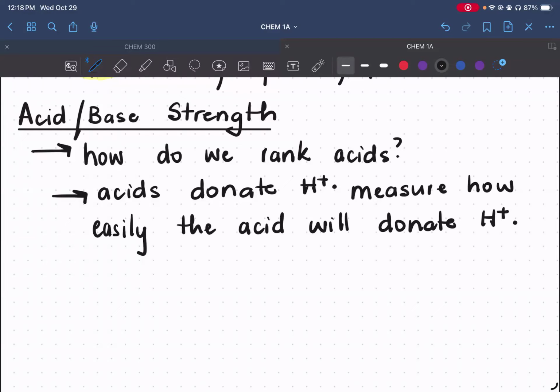Remember, this all comes back to hydrogen ions, those protons. Everything in this topic pretty much revolves around that. And it is from this particular logic that the pH scale was developed.